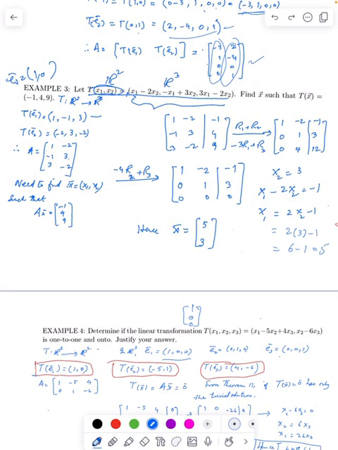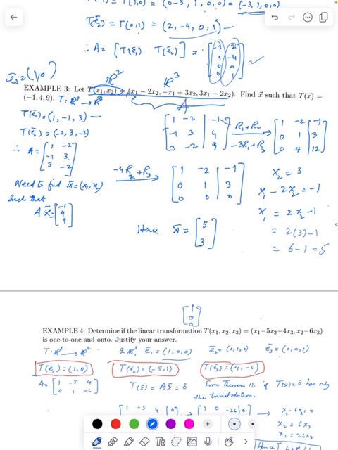It means we need to solve a system of equations, Ax equals b. We take the coefficient matrix A, and then we augment it with the column vector b, and then we can do our row operations.